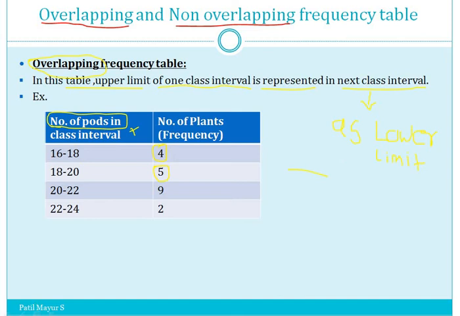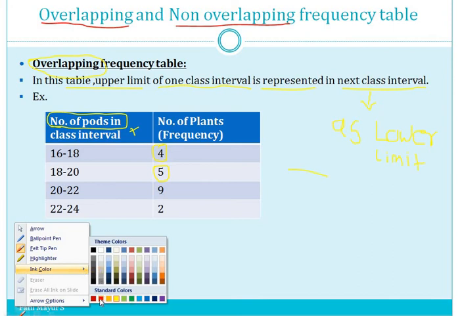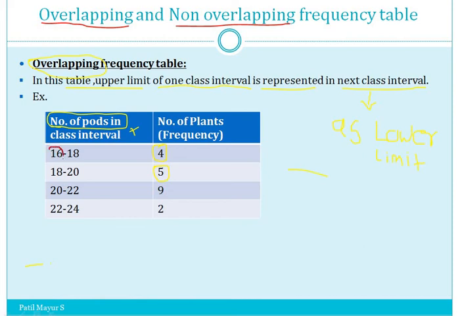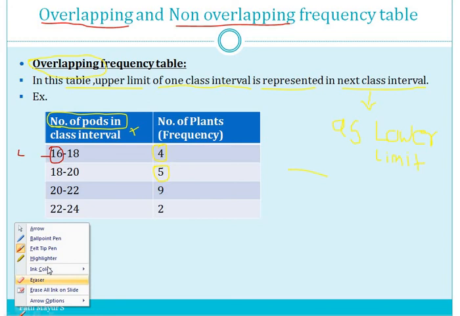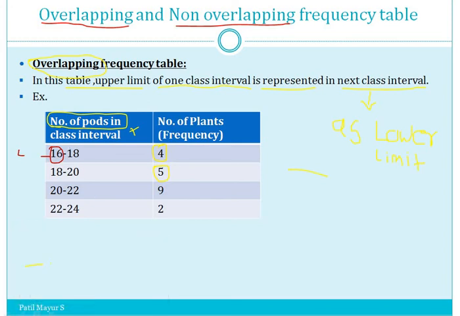We'll take this example by which you can easily learn. 16 to 18 is one class interval, where 16 is the lower limit and 18 is the upper limit.